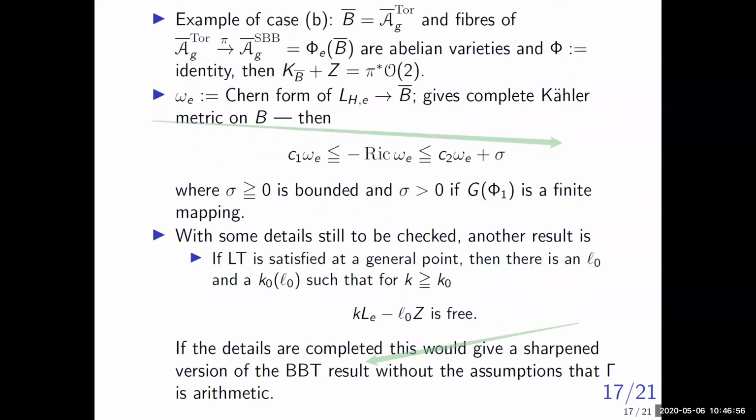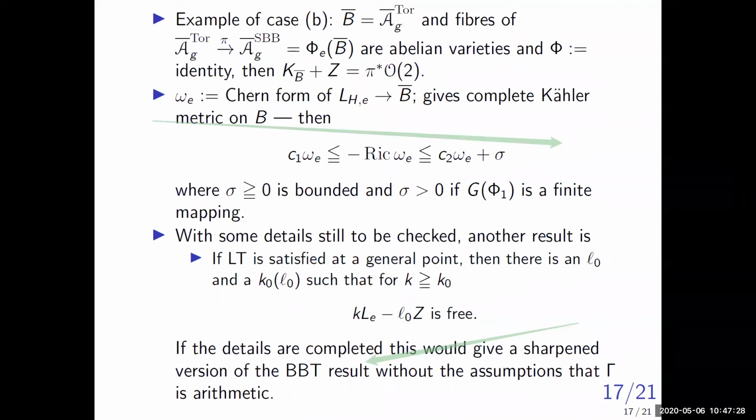What that's saying is that the dimension of the image of the period mapping is the same as the dimension of B, that it's an equidimensional map. It can blow down stuff, be branched covers and so forth, but it should map to something of the same dimension. So if it's satisfied at a general point, then there's an L naught and a K naught depending on L naught, so that K times L minus L naught Z is free.